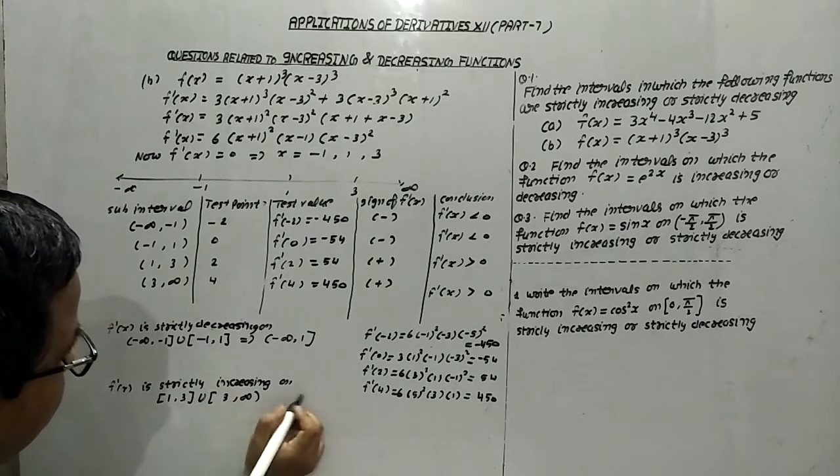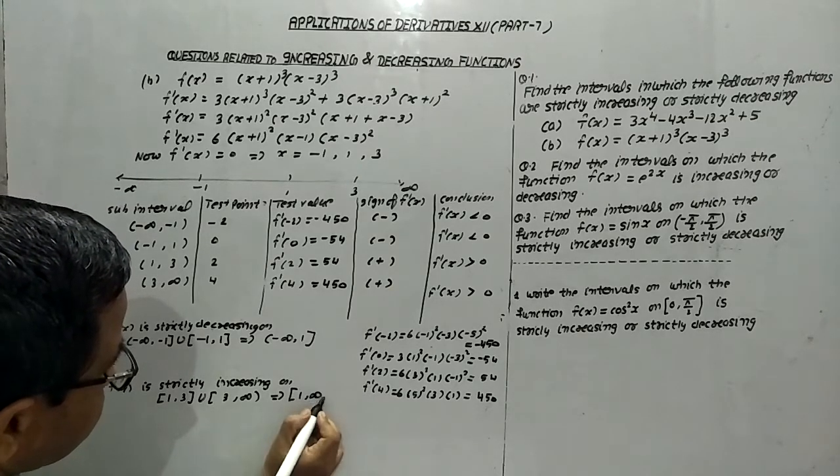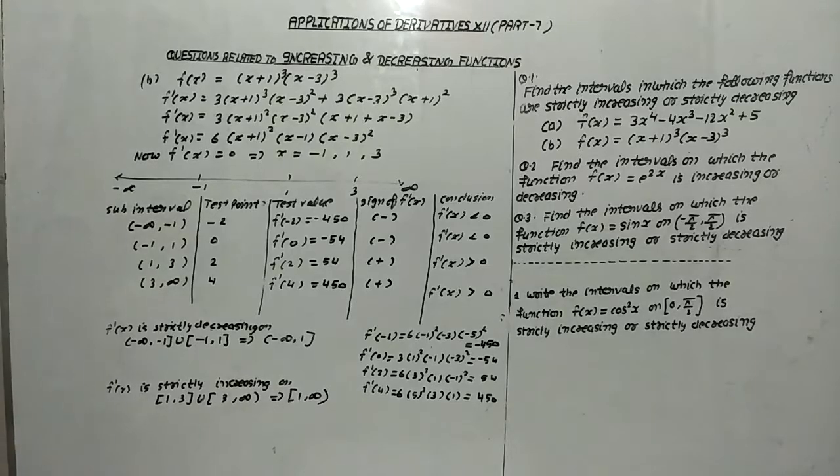It means ultimately we get strictly increasing on 1 to infinity. So this is the part of strictly increasing.